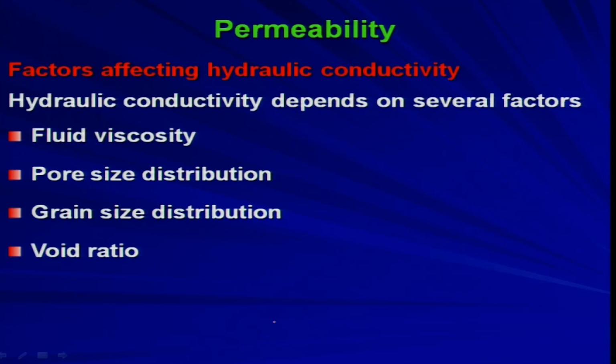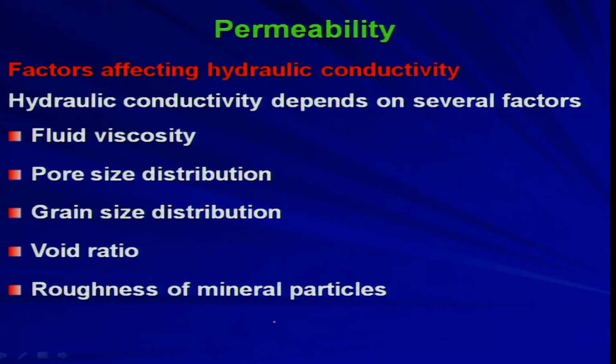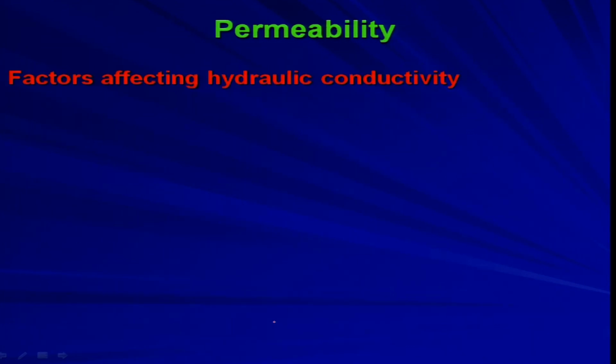Then the void ratio: as you increase the void ratio, the volume of voids increases, and therefore your permeability will increase. Then the roughness of mineral particles, because the roughness or texture of the surface of the particles present in the soil deposit will greatly affect the permeability. Then finally, the degree of saturation.